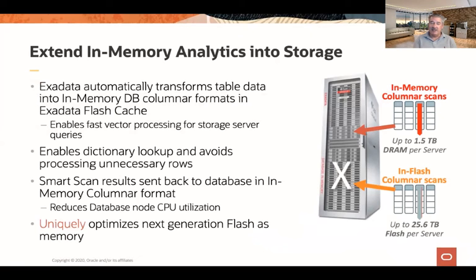This gives you very high performance analytic queries running in DRAM, and then other data still much faster than the row format in the flash cache. And since Exadata has terabytes of flash, you effectively have the ability to have terabytes of columnar formatted data for analytic processing.